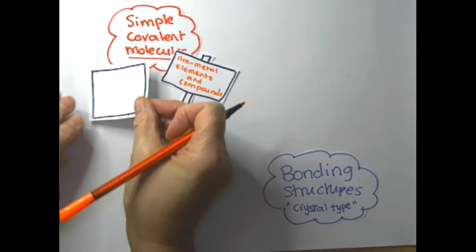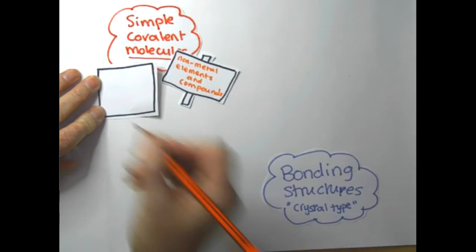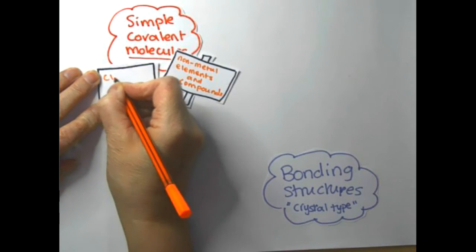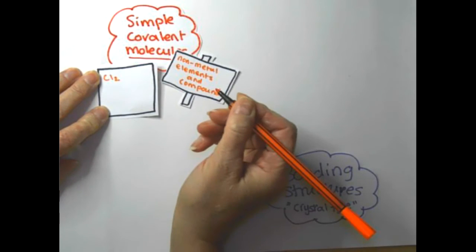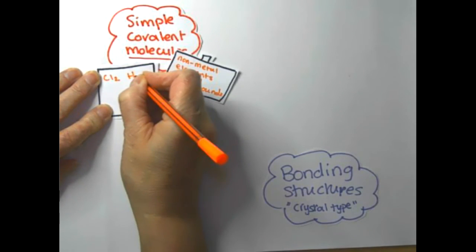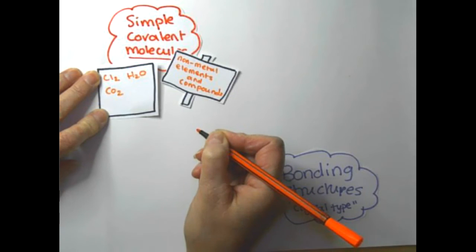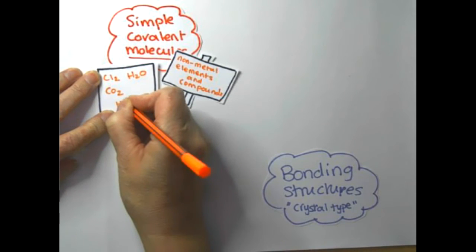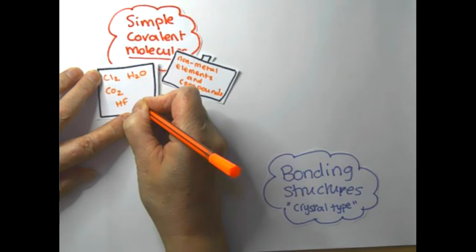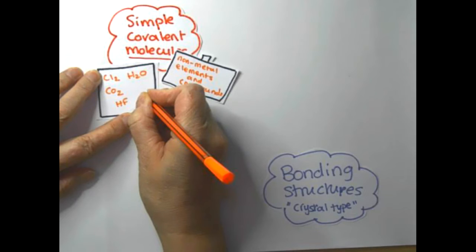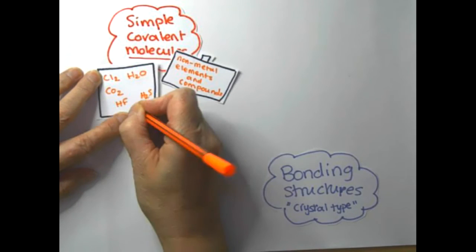Examples of those would be things like chlorine, any of the halogens, water, H2O, carbon dioxide, HF, so hydrogen fluoride, hydrogen sulfide, ammonia.